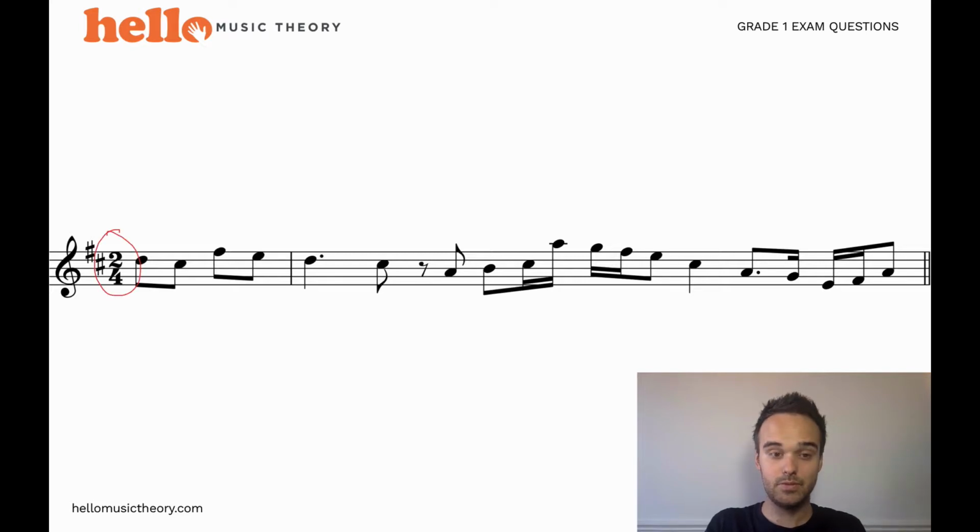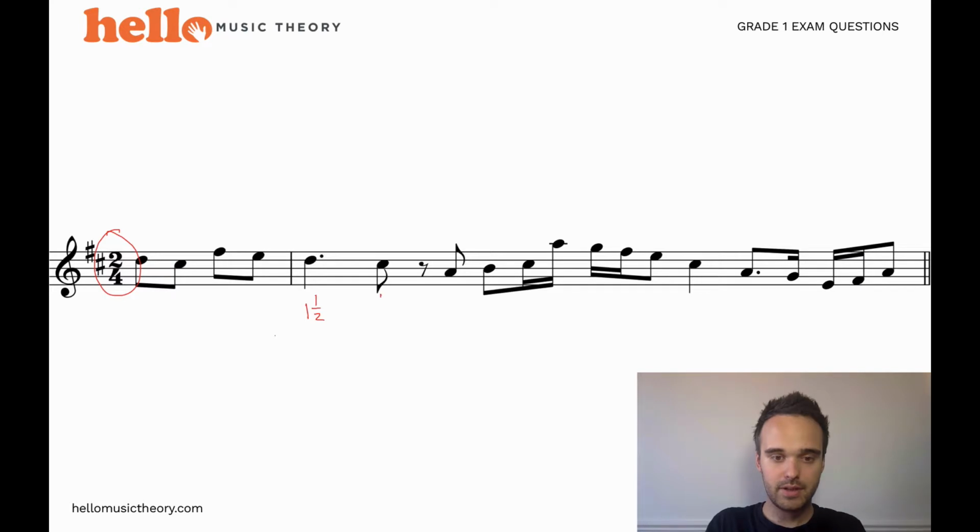This one is in 2/4, so that means that there are going to be 2 crotchet beats in each bar. So we look for the first bar, which is here, and this is where we're going to start writing in the bar lines from. We can count here, we've got a dotted crotchet. The crotchet on its own is worth 1 beat, and the dot is worth half a beat, because it's half of the note's value.